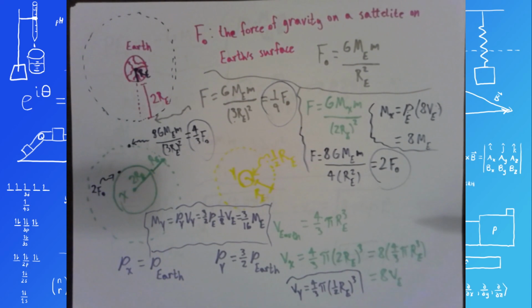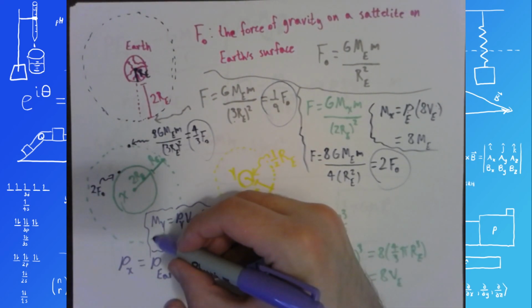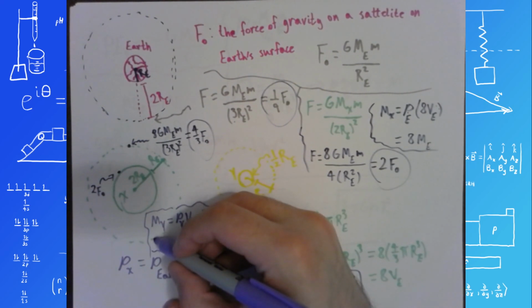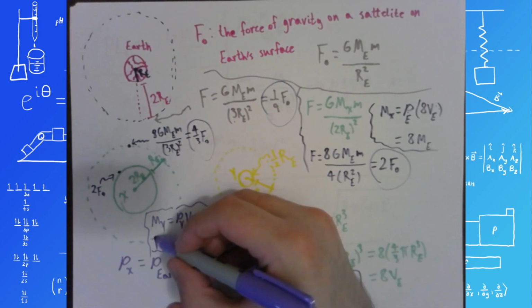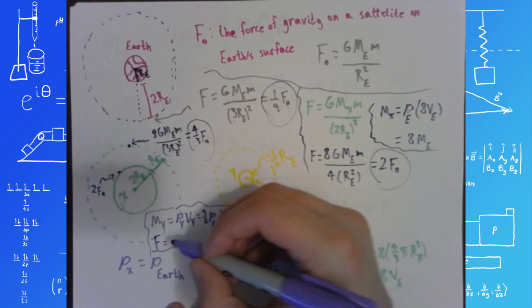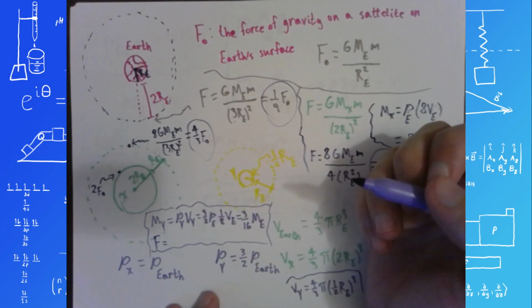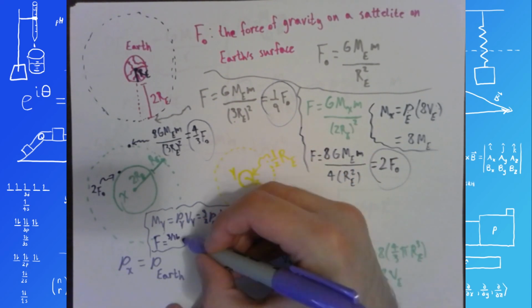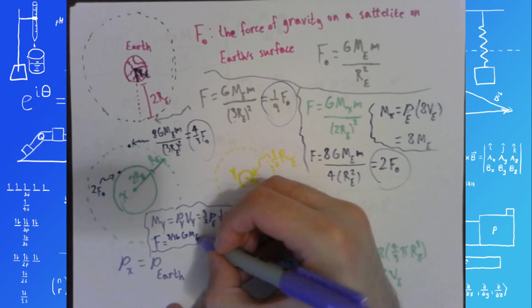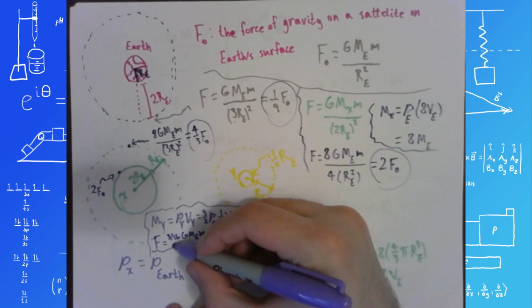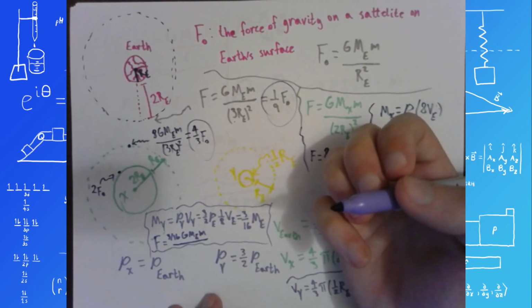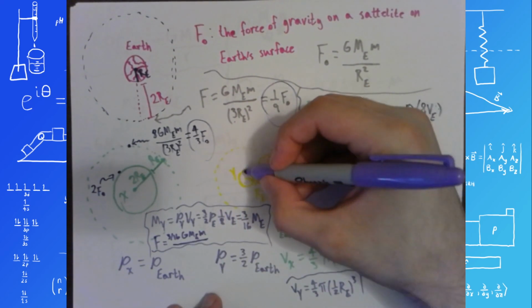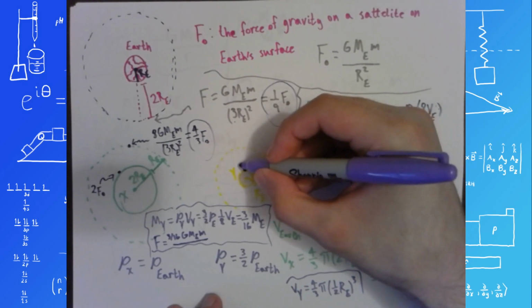But now that we know that, we can go ahead and calculate force of gravity on the surface. Force is equal to big G times 3/16 mass of Earth. So 3/16 big G mass of Earth, mass of satellite, over the distance when your satellite is right here on the surface.